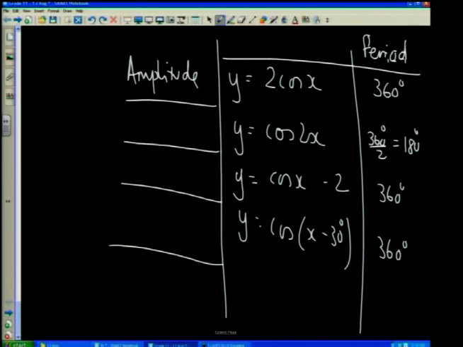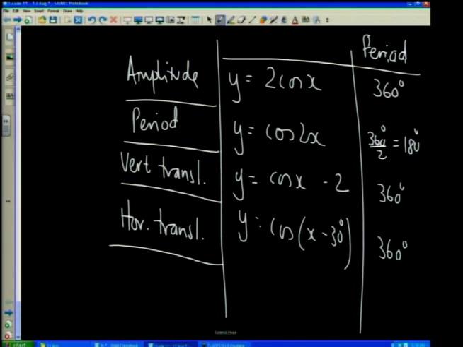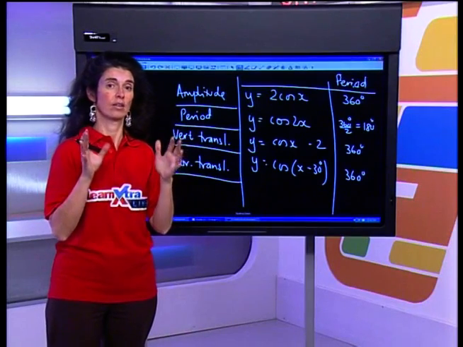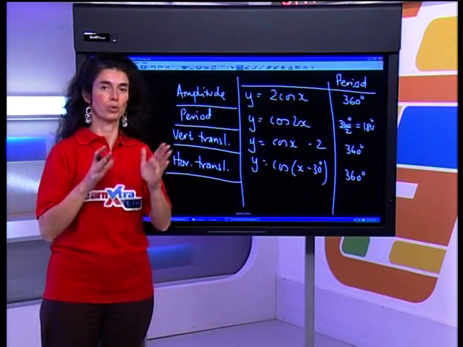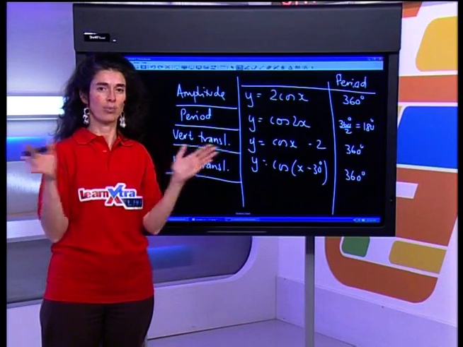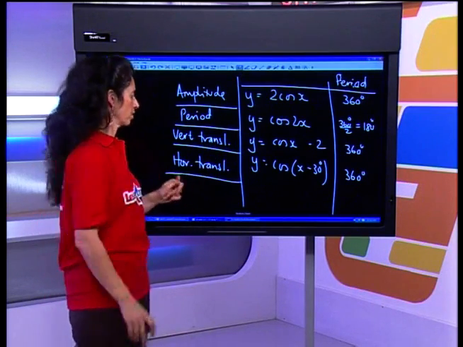The coefficient of the angle will affect the period. This will be a vertical translation, and this one will be a horizontal translation. As we've looked at when we were sketching, you must work with the parent graph and you must work with the quadrant angles. Otherwise, it just doesn't go anywhere.